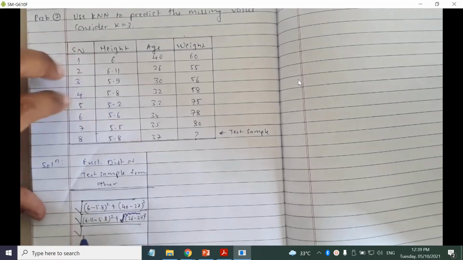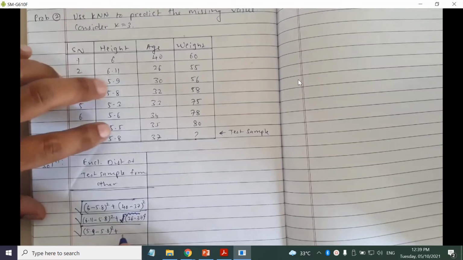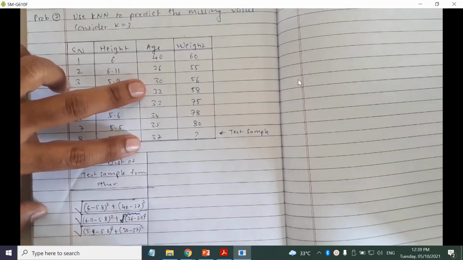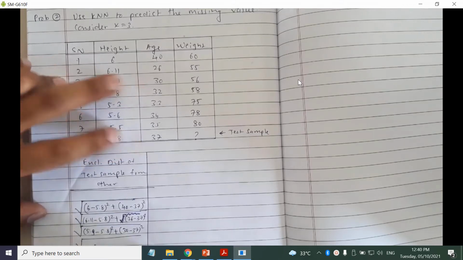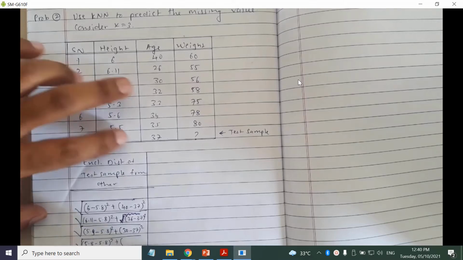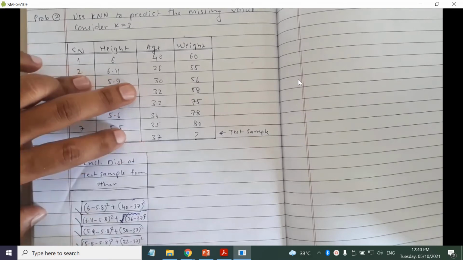Then (5.9 minus 5.8) square plus (30 minus 37) square. Then (5.8 minus 5.8) square plus (32 minus 37) whole square.